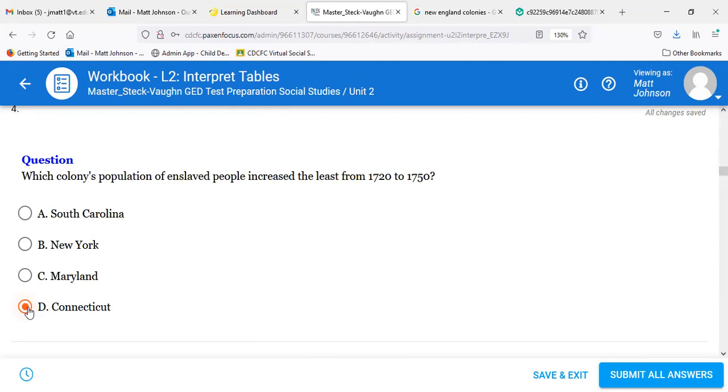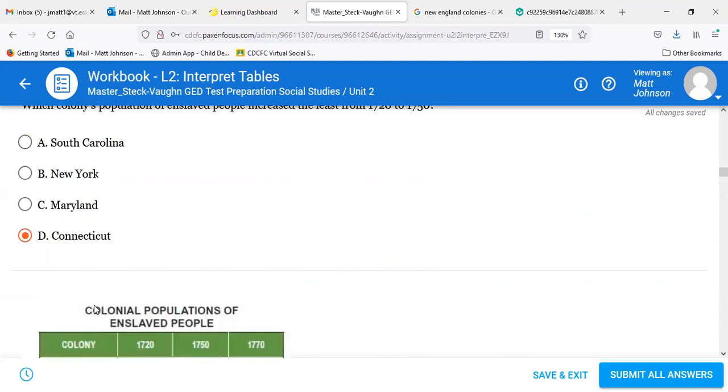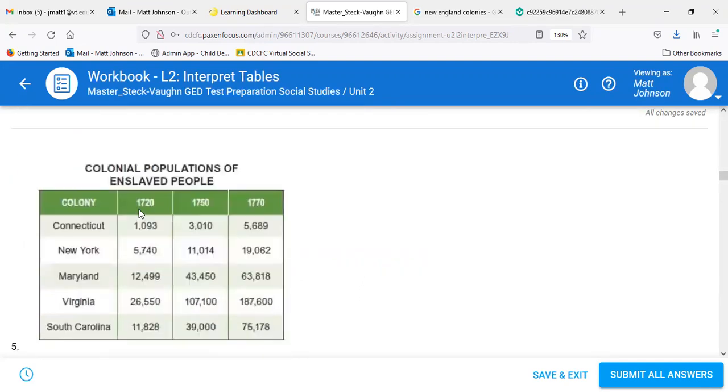The when, where, why, and how questions, right? Why were they here? What were they doing? Where were they? So D, Connecticut, we know there was the least out of our table. People increased the least from 1720 to 1750. So D is in dog.